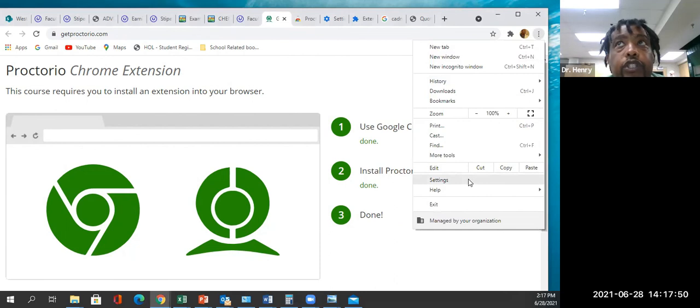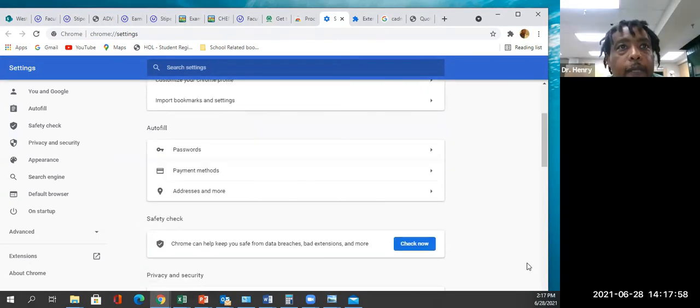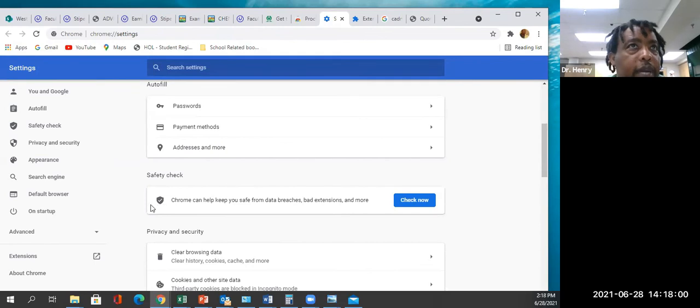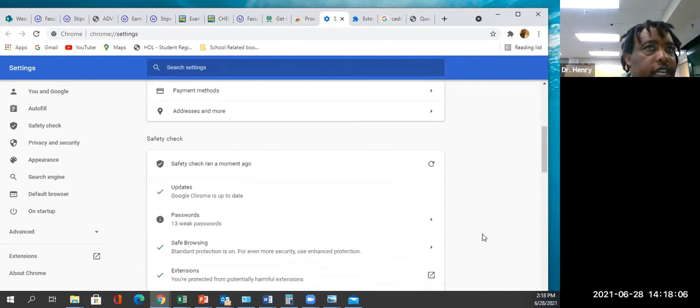That'll take you to this menu. You want to select settings. The first thing is to make sure that your Chrome is updated. The best way of doing that is to click on the safety check, and it'll go through and check everything. It says right here, Google Chrome is up to date.